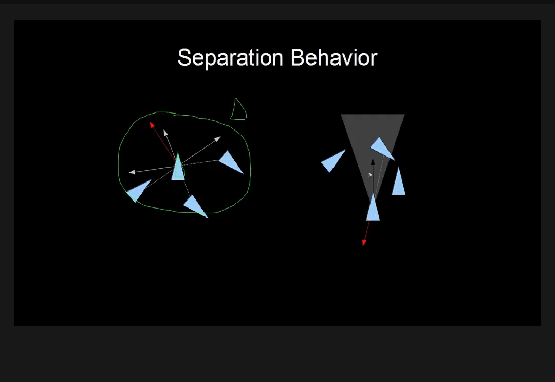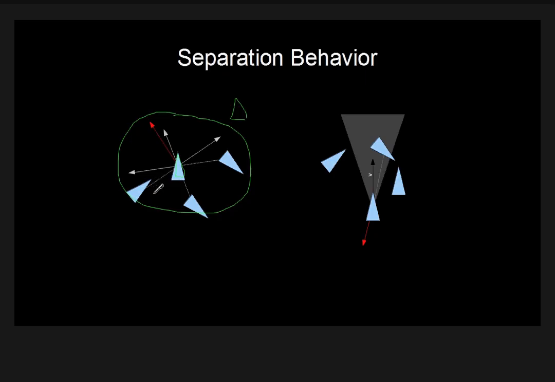But how can we calculate the neighborhood? How can we retrieve our neighborhood? There are different possibilities. We could iterate. Let's think all agents are points in the space, and what we could do is iterating through all points and calculate the distance and test if they are within the circle or not.